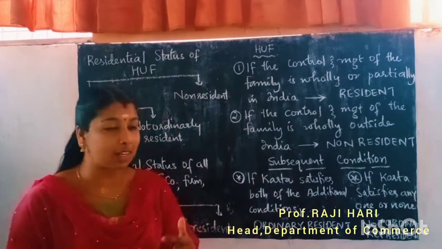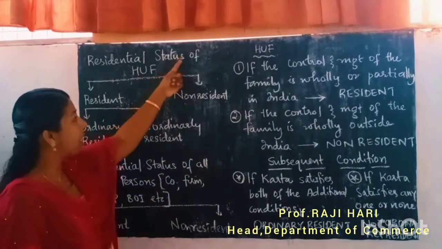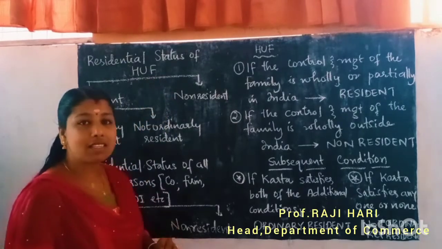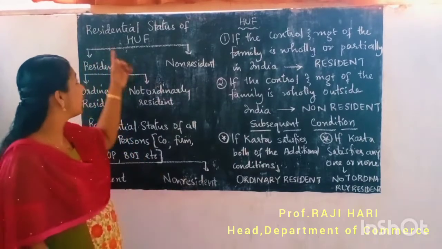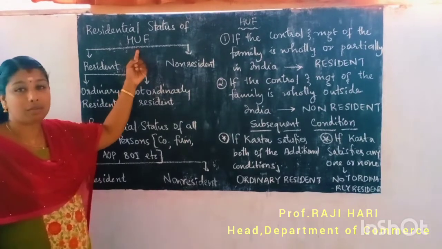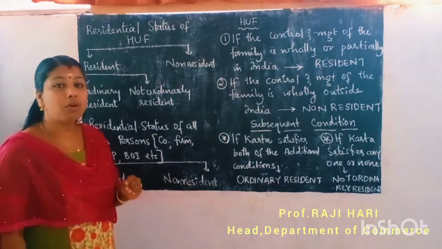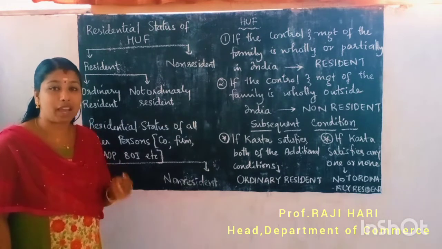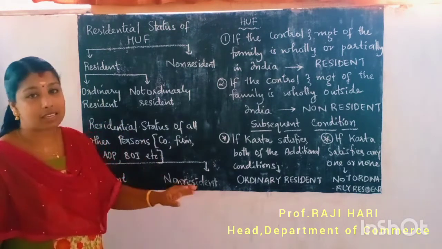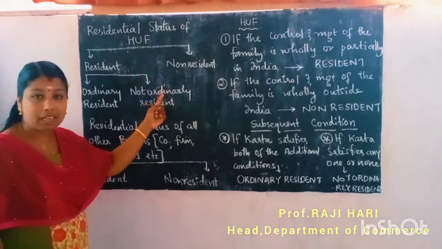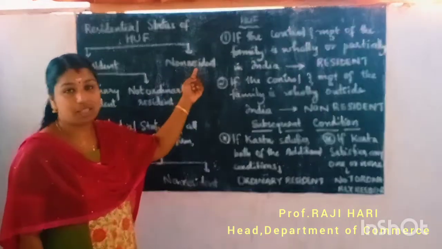And you have already seen what is the residential status of an individual. So our next topic is residential status of Hindu undivided family. Just like an individual, a Hindu undivided family can also enjoy three residential statuses, that is ordinary resident, not ordinarily resident and non-resident.